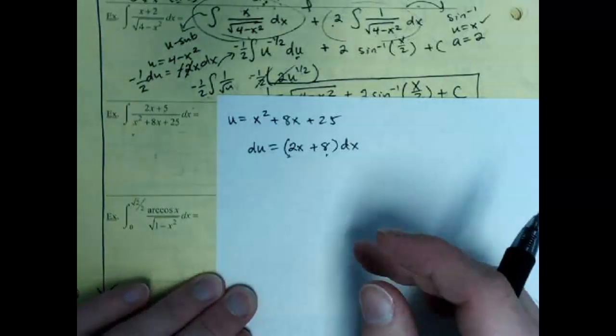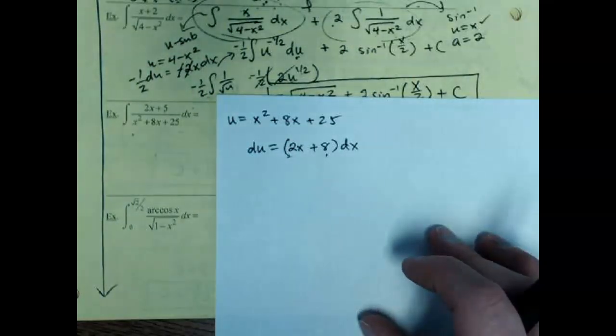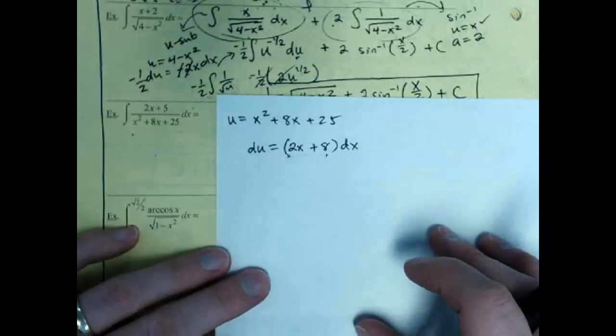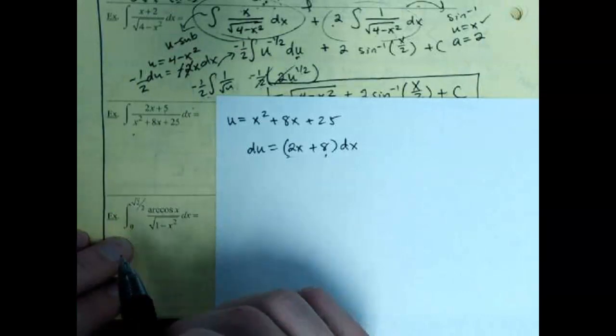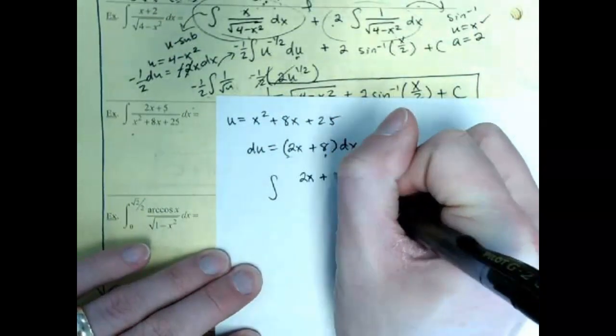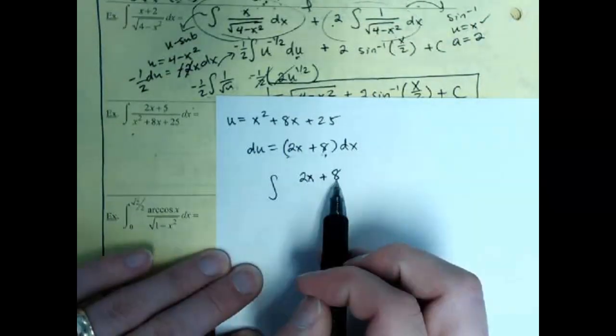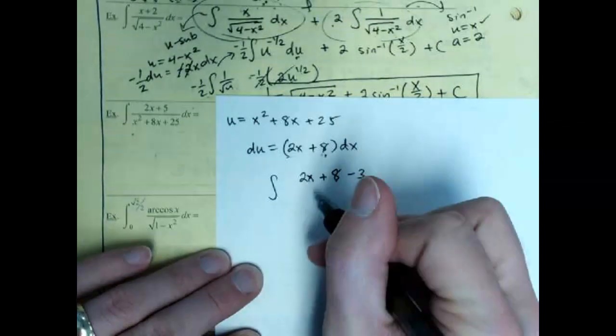Now, it wasn't an 8. It was a 5, and we're going to have to deal with that fact. And how we deal with that, it's going to kind of be some witchcraft. All right, so let's think about this. 2x plus 5, that's the same thing as 2x plus 8 minus 3.